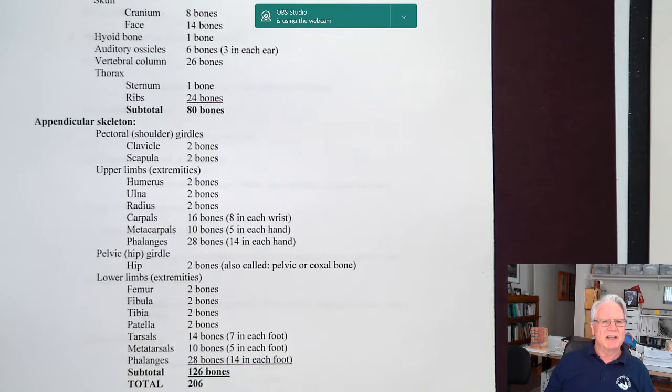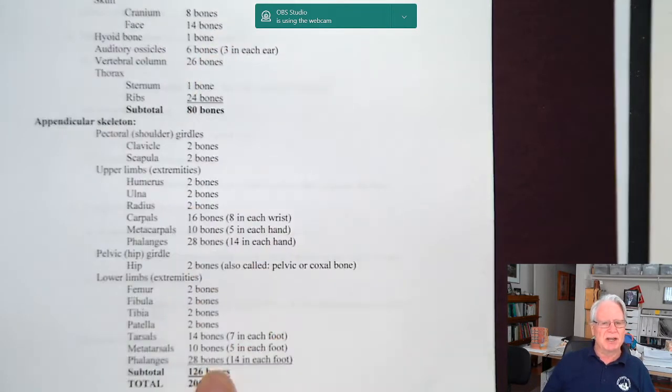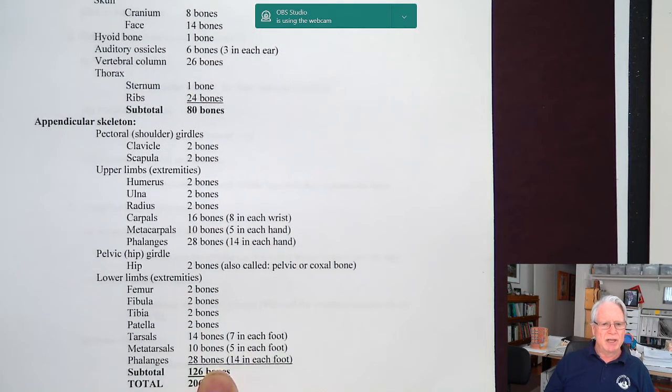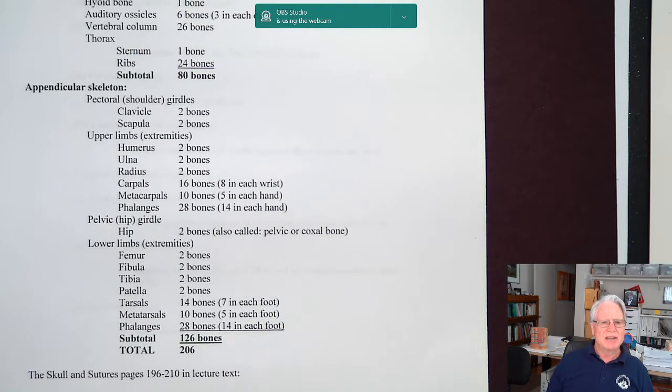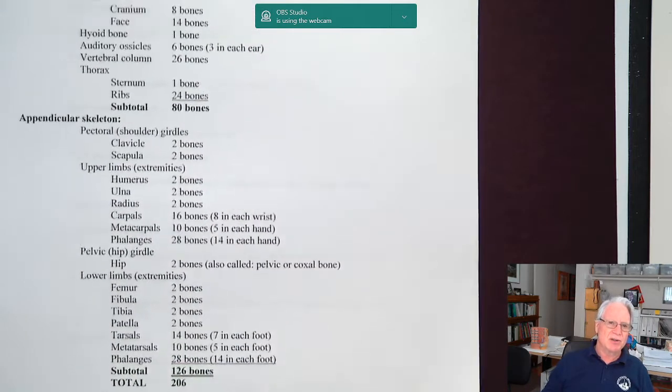So I'm often asked, do I need to memorize these numbers? And my answer is no, with a couple of minor exceptions. One of the things that I want you to realize is that there's a difference in the number of bones that we see in the ankle and in the wrist. So the ankle and the wrist are homologous structures.